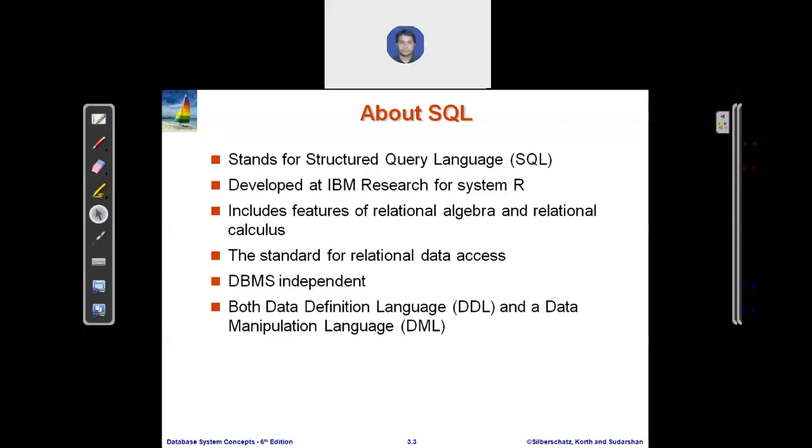We can insert a record into our table, delete a record in a table, or update an existing record in a table. These operations we can perform using DML, the Data Manipulation Language. So SQL is both DDL as well as DML.